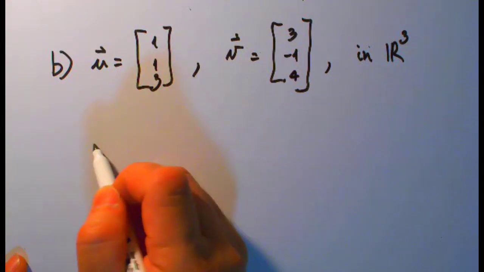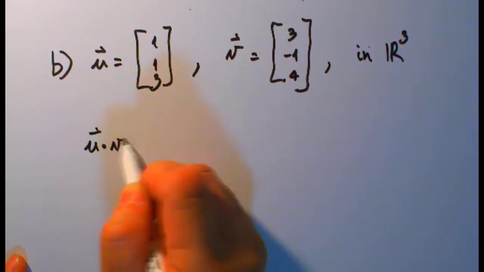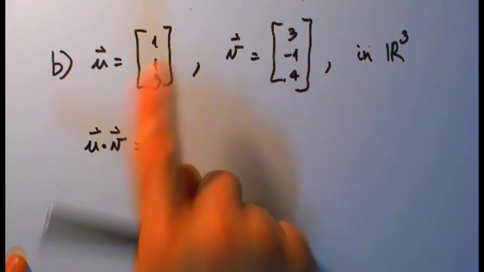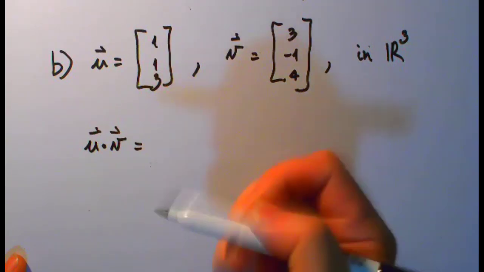Similarly, it's not really going to change how we find the dot product. So u dot v is simply the first component of u times the first component of v. It's defined to multiply that way.